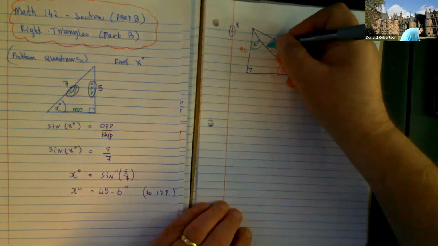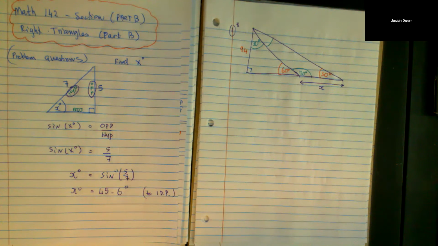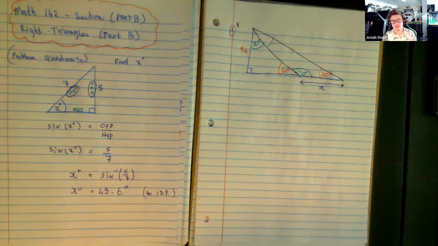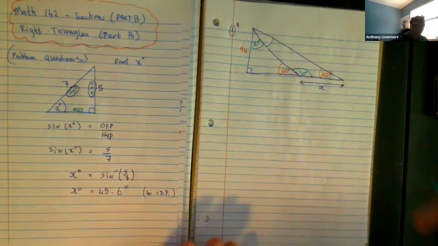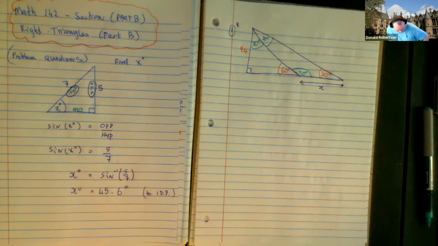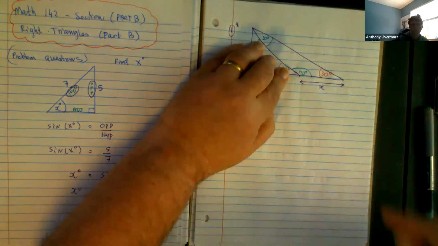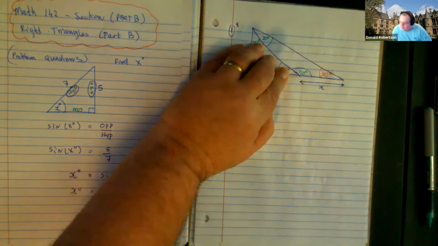And while I'm at it, why don't I find this one? 30 degrees. Do you want to tell people why? 180 minus 120 minus 30 is 30. Triangles add up to 180.